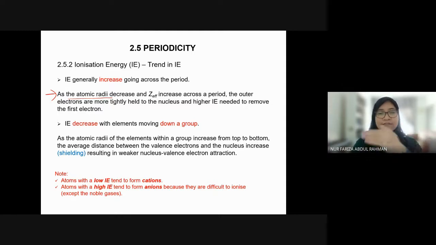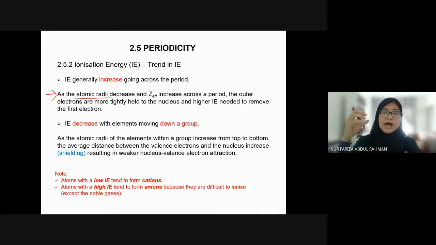When Z effective increases, the attraction between nucleus and valence electron becomes stronger. This causes the size to become smaller, because the electrons are held tightly by the nucleus.